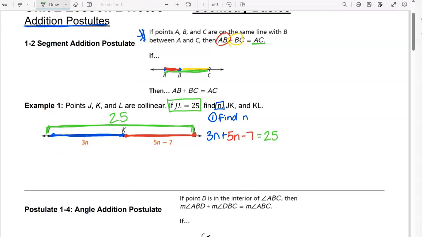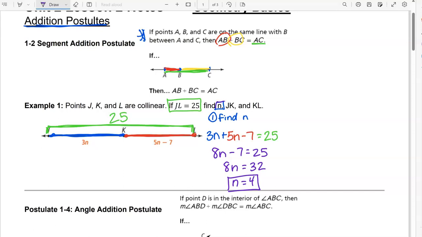Again, they gave us the total at the very beginning. We've set up an algebraic equation. Now it is combine like terms and solve. 8n minus 7 equals 25. 8n equals 32. So n equals 4. Combining like terms, adding the 7 over to both sides, and then dividing by 8.